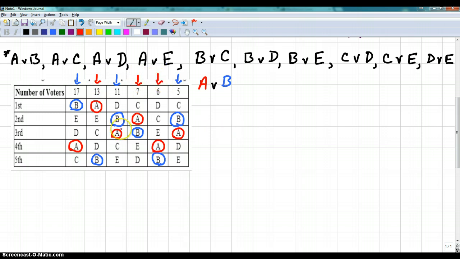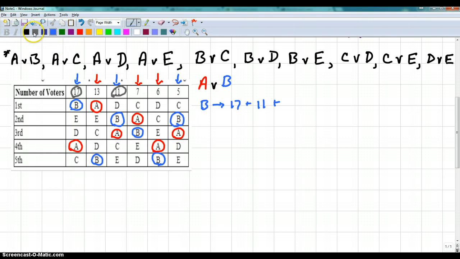So that means that we're going to total up the number of votes. Notice that there were 17 total votes in the first column, so B ends up with 17 votes from the first column. We had 11 votes in the second column for B, so B has 11 votes.